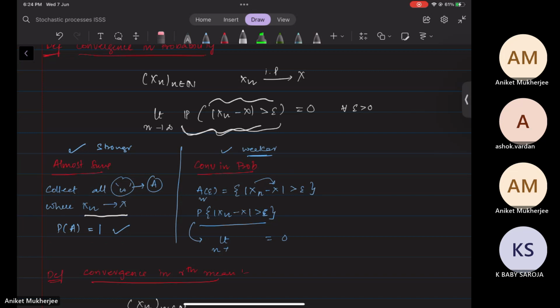If the probability of set A equals 1, then that implies that xn converges almost surely to x. Student: I'm asking how can I find out the probability of all the elements in A? I'll give you an example of how to find the probability of the sets in A. What I'm saying is, this is the method that you need to use to show that xn converges to x almost surely. How to calculate that, I'll give some examples. Student: Okay, sir. Thank you.